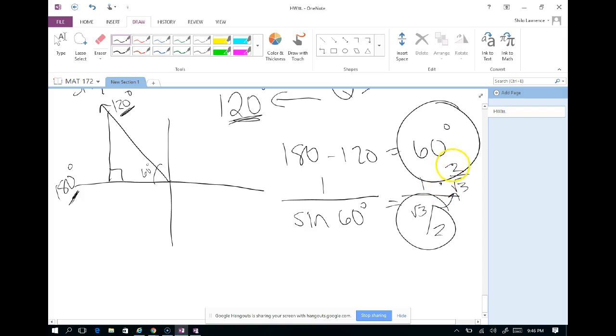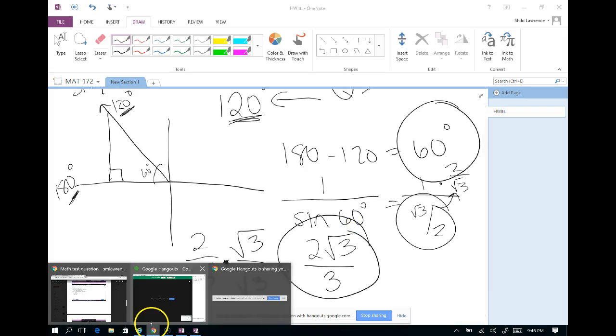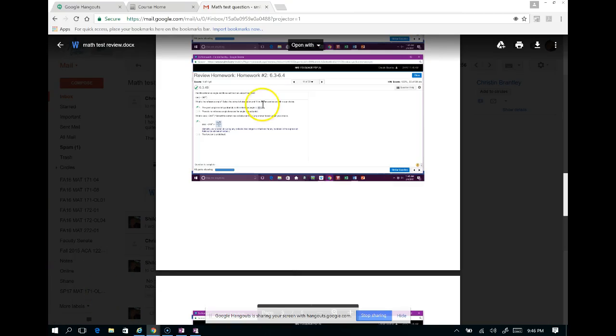So 1 times 2 over radical 3 gives us 2 over radical 3. But I know MyLabs Plus is going to want you to rationalize that. So to rationalize, we multiply top and bottom by radical 3, and we get 2 radical 3 over 3. And we can check, and yep, 60-degree reference angle, 2 radical 3/3.